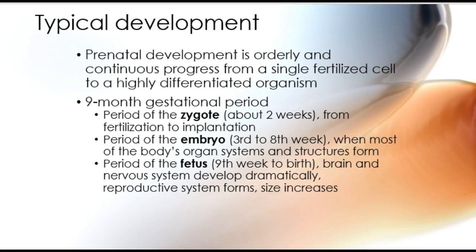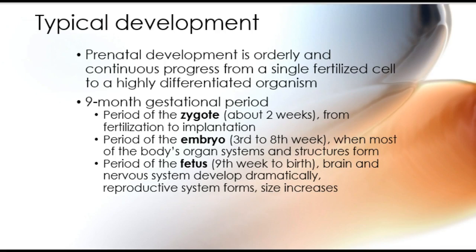Typical development. So we see in typical prenatal development that there's this pretty amazing order and continuous progress from a single fertilized cell to a highly differentiated organism with so many different interconnected and efficiently functioning systems.